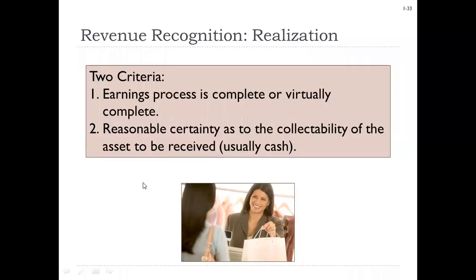So we did everything we need to do for the customer, and we're reasonably certain as to collection of the asset to be received, usually cash. So when we've done what we needed to do and we're pretty sure that we're going to collect the cash for doing what we did, then we can recognize the revenue. Okay, that's basically what this means.